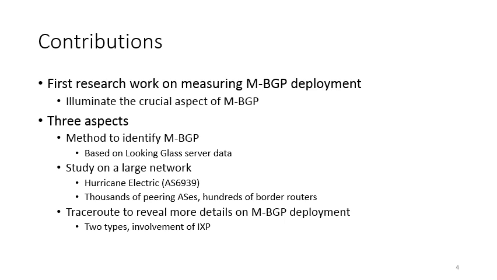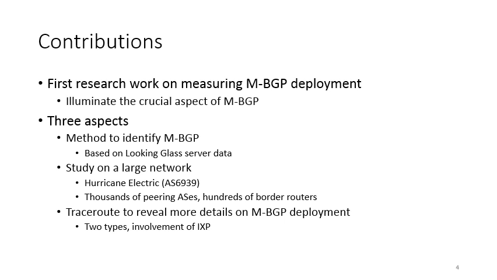The contributions of our paper are in 3 aspects. The first contribution is we proposed a method to identify MBGP, and the method is based on looking glass server data. Our second contribution is that we study the deployment of MBGP on a large network, which is Hurricane Electric.